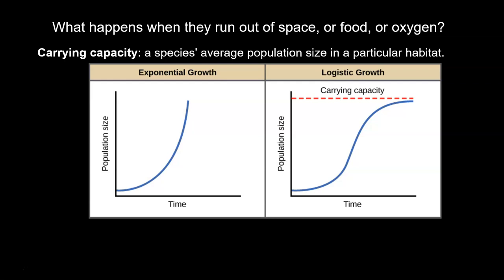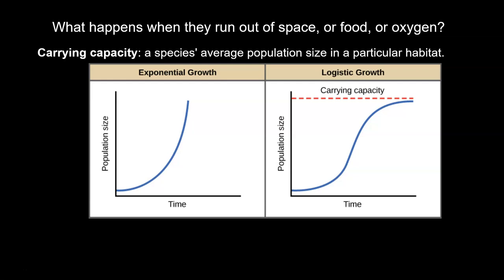And the carrying capacity is a species' average population size in a particular habitat, in a particular place. So, carrying capacity can be different in different places. So, carrying capacity might be different on the top of a mountain in the Sierra Nevada as compared to Modesto.